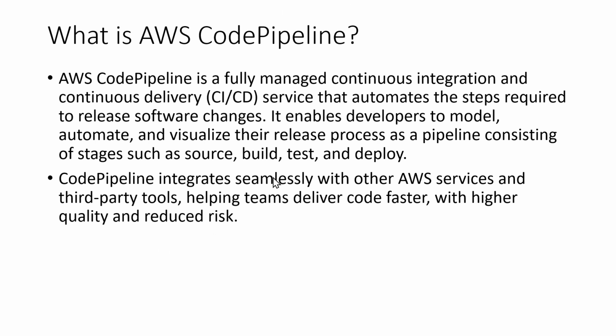AWS CodePipeline is a fully managed continuous integration as well as continuous delivery service that automates the steps required to release software changes. Say some developers have committed their code, and the DevOps engineer needs to go there and hit start build.